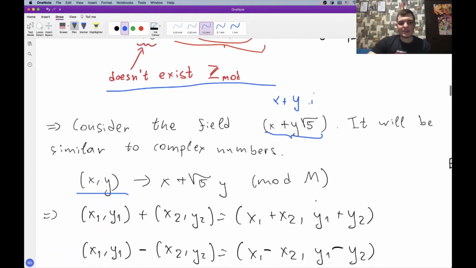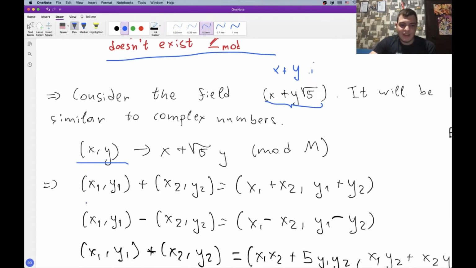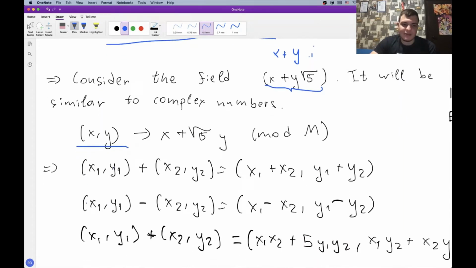The cool thing is that now let's see how the addition, subtraction, and multiplication will be defined. If we have x1 and y1 as the first thing in our field, and x2 and y2 as the second, then the addition is simply the component-wise addition: x1 plus x2 and y1 plus y2.